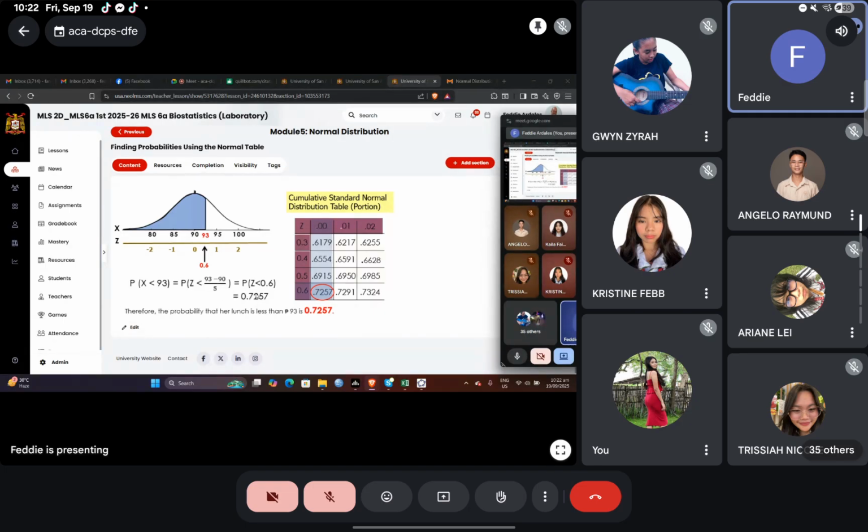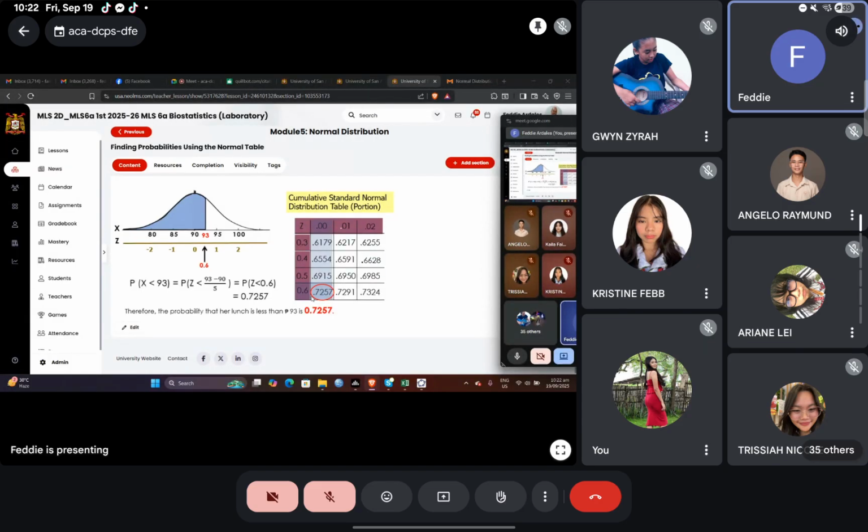So P of z less than 0.6 will have this area, which is 0.7257. If we use the other table, the half table that I showed you a while ago, the area there is 0.2257.